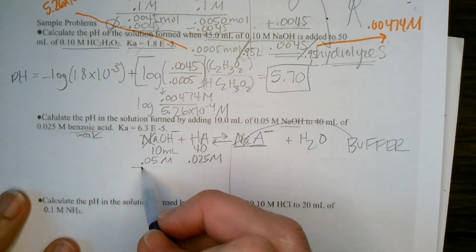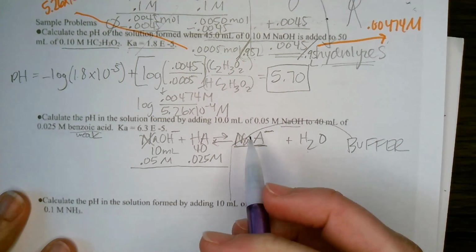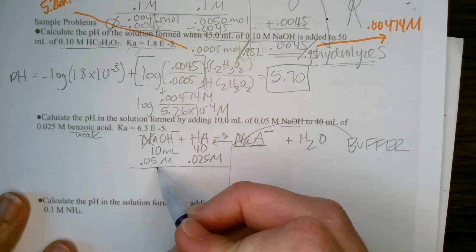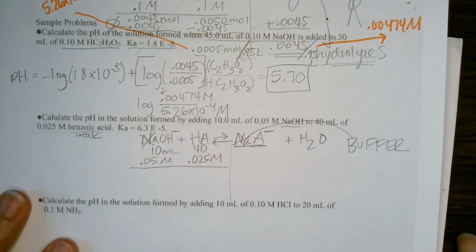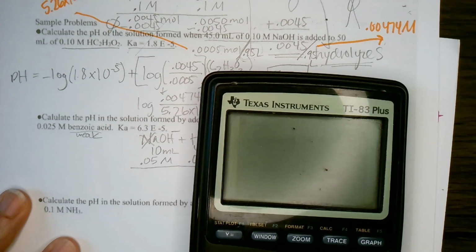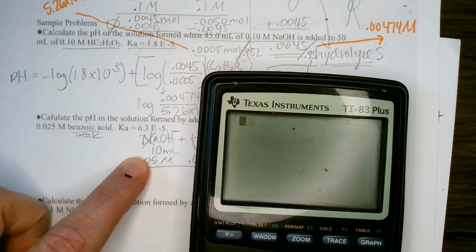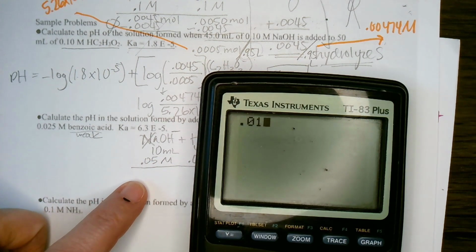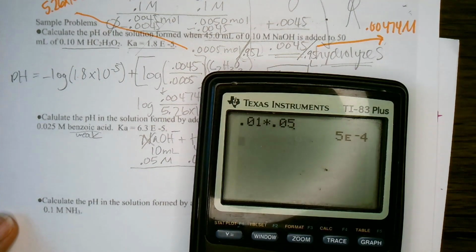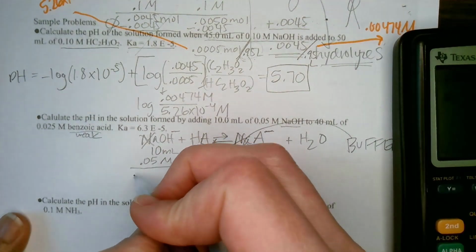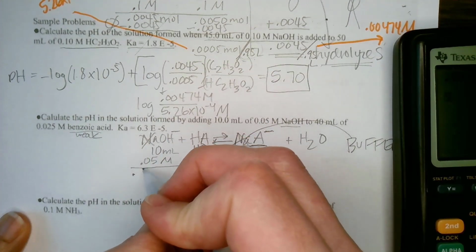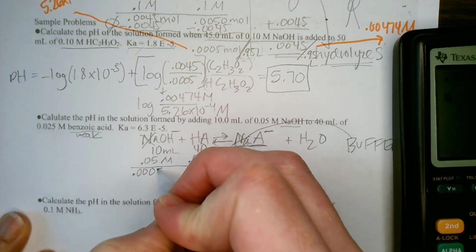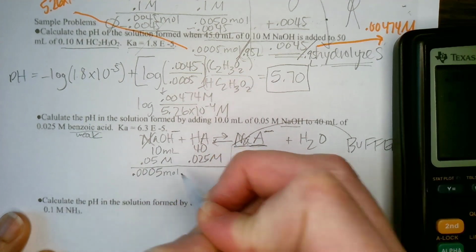So let's look at our before. How many moles do we have? So I'm going to take milliliters and turn it into liters and make that 0.01 liters times 0.05 moles per liter, and I get 5 times 10 to the negative 4th, where if I wrote that in standard form, 0.0005 moles.